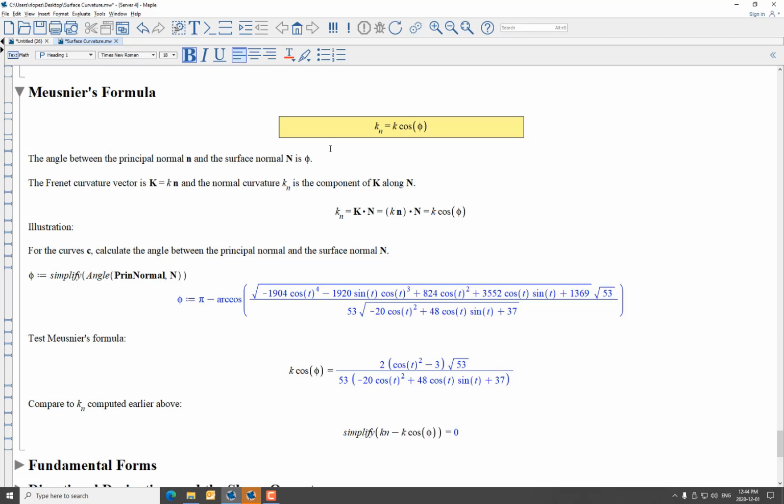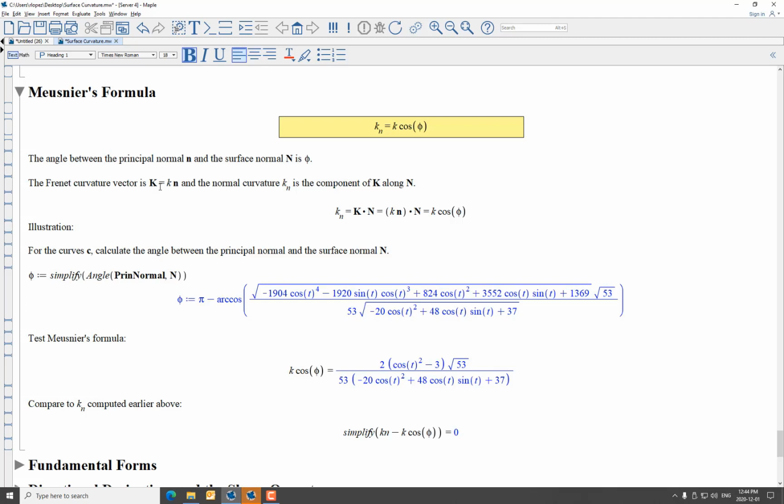And this is used to prove or verify that the curve really doesn't matter. It's the tangent direction along that curve that determines the value of the normal curvature on that curve through that point.